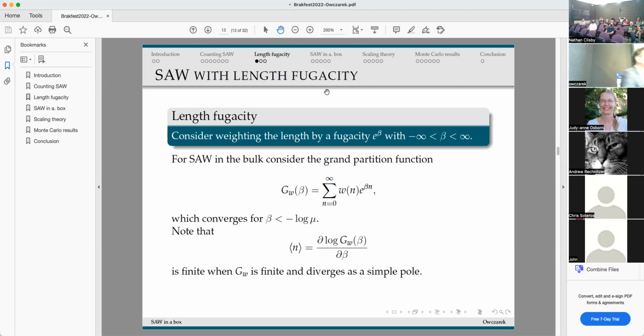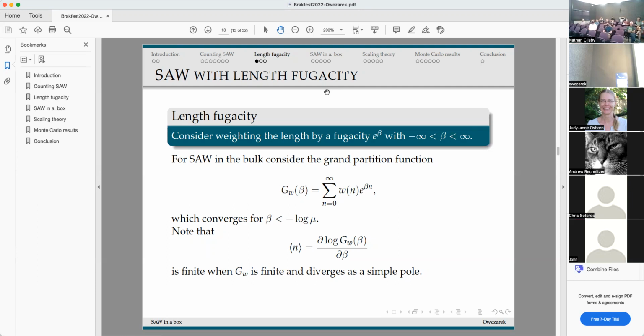Then you consider the natural partition function for that problem. It's a generating function, G of W in the combinatorial literature, where you sum over all the lengths, and you concern yourself with the behavior of that generating function at different values of beta going anywhere from minus infinity to plus infinity.